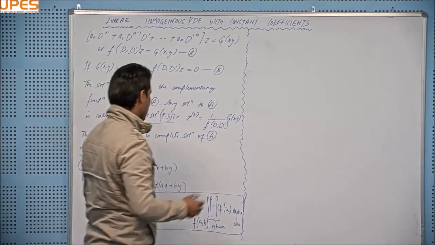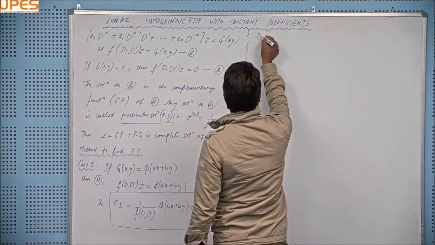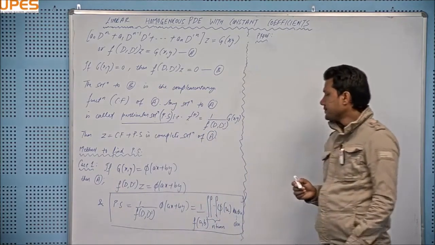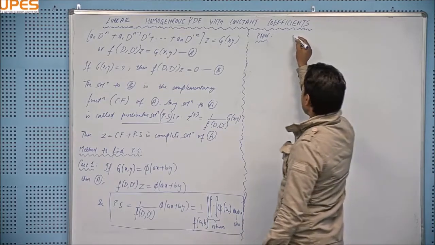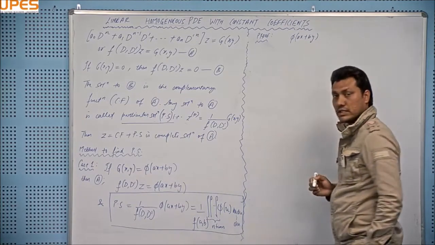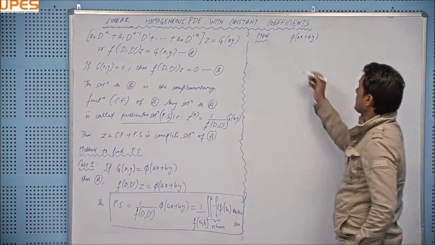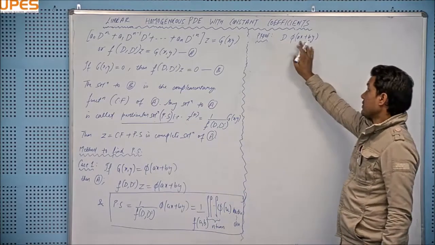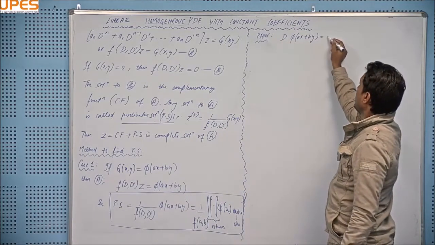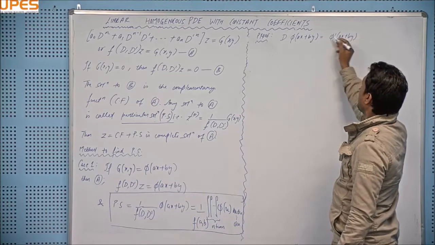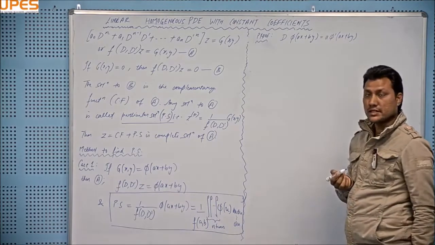Now, proof of this thing. My function is phi(ax + by), right? And if I operate D here, D meaning the partial derivative with respect to x, then I will get phi'(ax + by) multiplied by a, right?